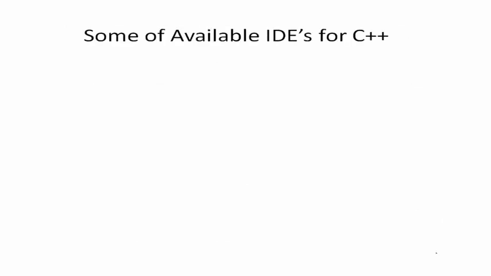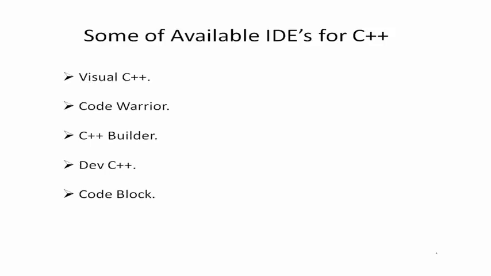Some available IDEs for C++ are Visual C++, Code Warrior, C++ Builder, Dev C++, Code::Blocks, and many others. We're gonna use the Code::Blocks IDE in our upcoming videos, because Code::Blocks is available for all the platforms, Windows, Mac, Linux, and also it's very simple to set up.